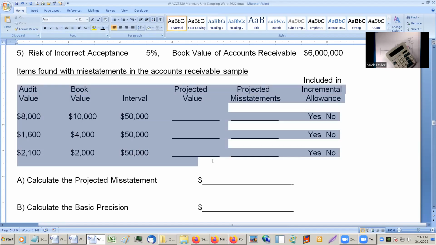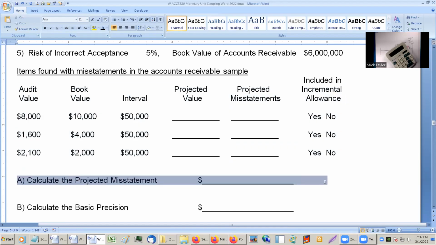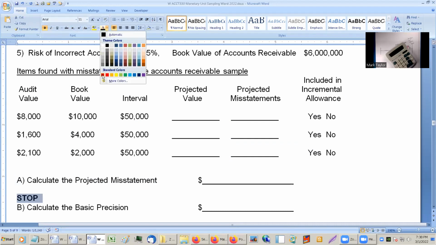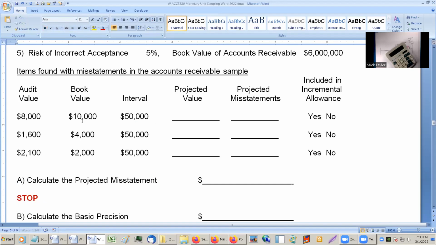So all we're going to do is these ones here, and we can get this one, projected misstatement. We can get that. And then we'll leave the rest, and we'll stop before we go to the rest of this stuff. So let's see if you can figure out these first 3 items that we found.